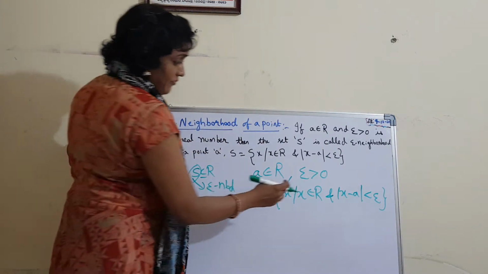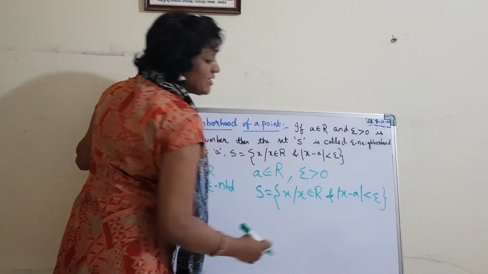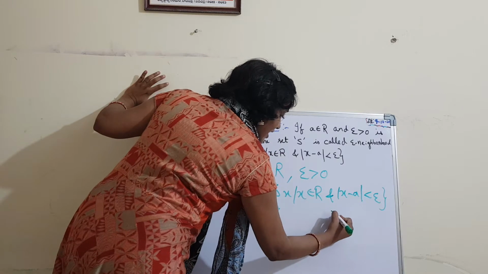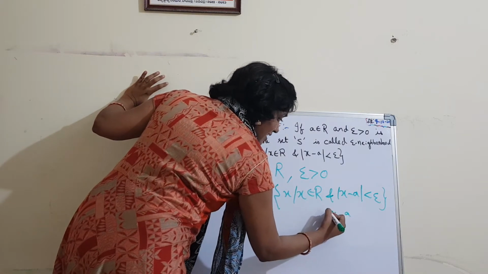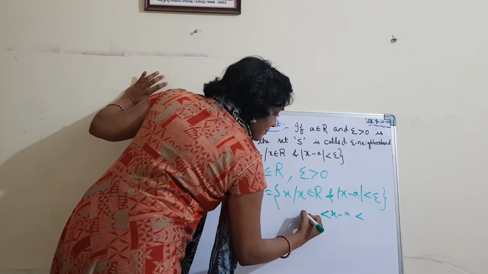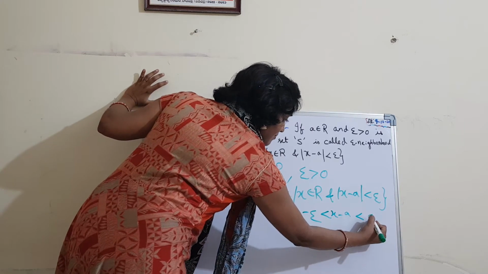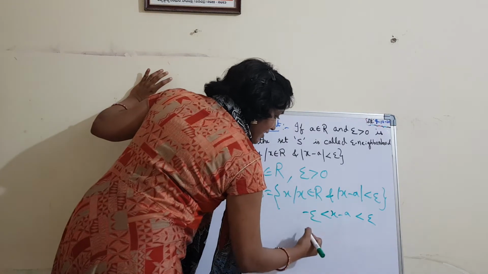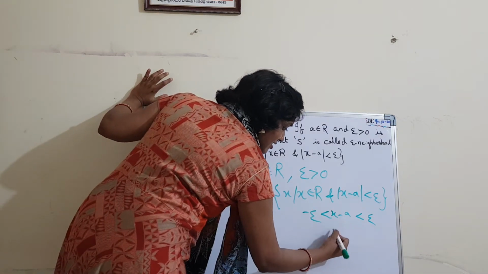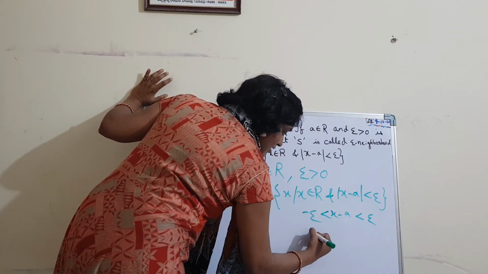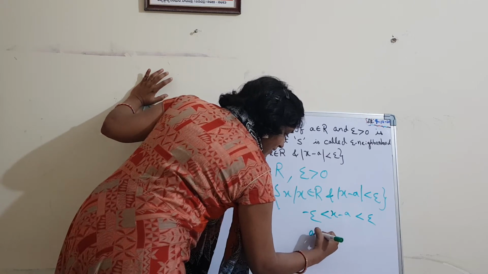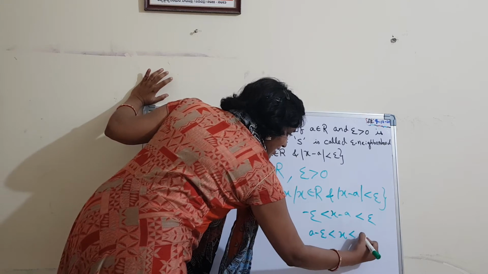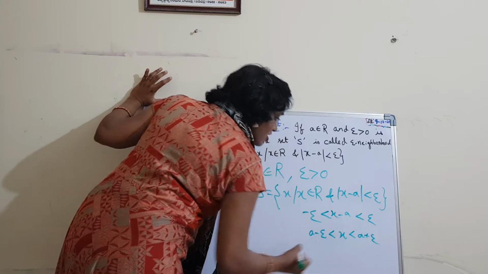Here modulus means we get positive and negative. X minus A lies between minus epsilon and plus epsilon. Again, what can we write here? A minus epsilon less than X less than A plus epsilon.